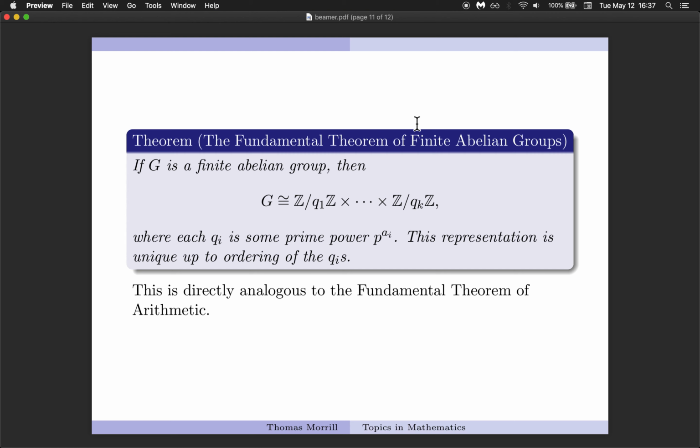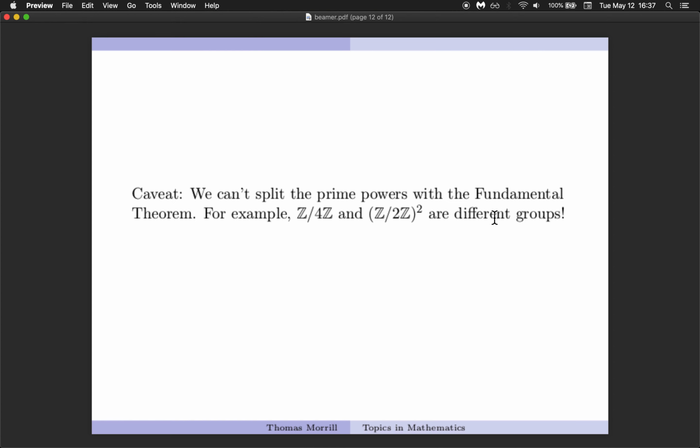Because this idea uses the Chinese remainder theorem, this breakdown does not let us split up prime powers. So here are 2 different groups consisting of 4 elements. Z mod 4Z is a group that we've been seeing for a while. It's a cyclic group, the residues mod 4. And here's another group. This is from the beginning of the group theory unit, Z mod 2Z squared.